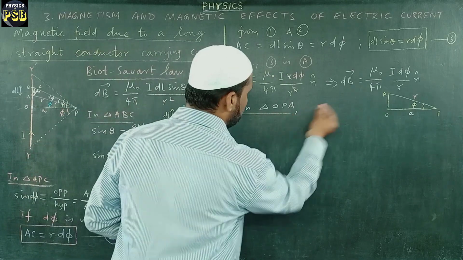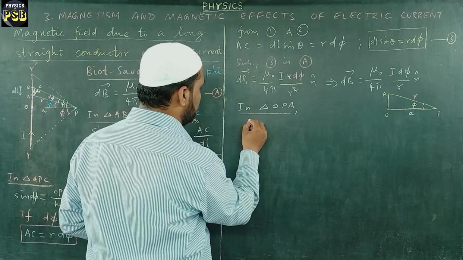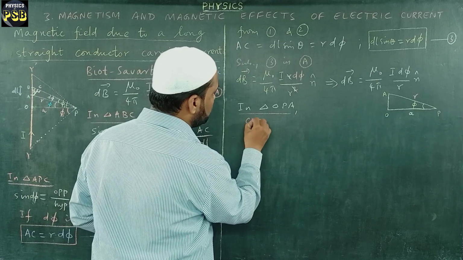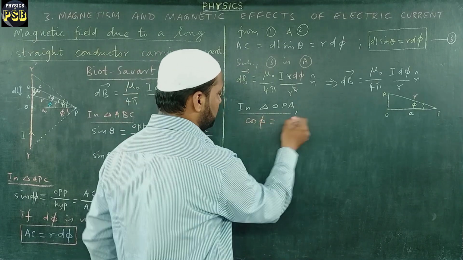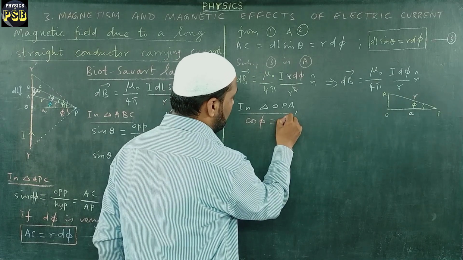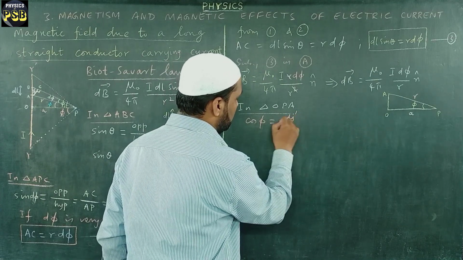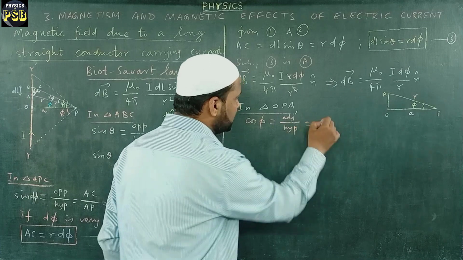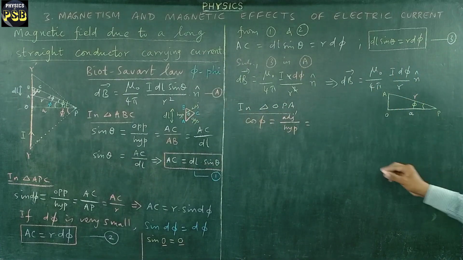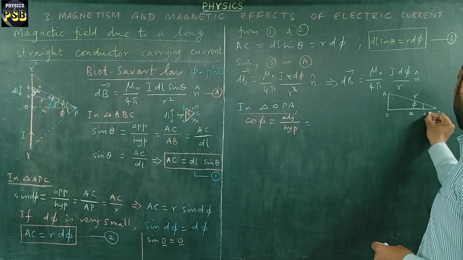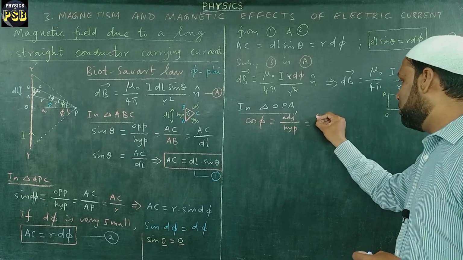Now, see what I am going to do. I'll find out cos of angle phi. So cos phi is nothing but adjacent side divided by hypotenuse. What is the adjacent side here? This is the adjacent side, and it has got value a.